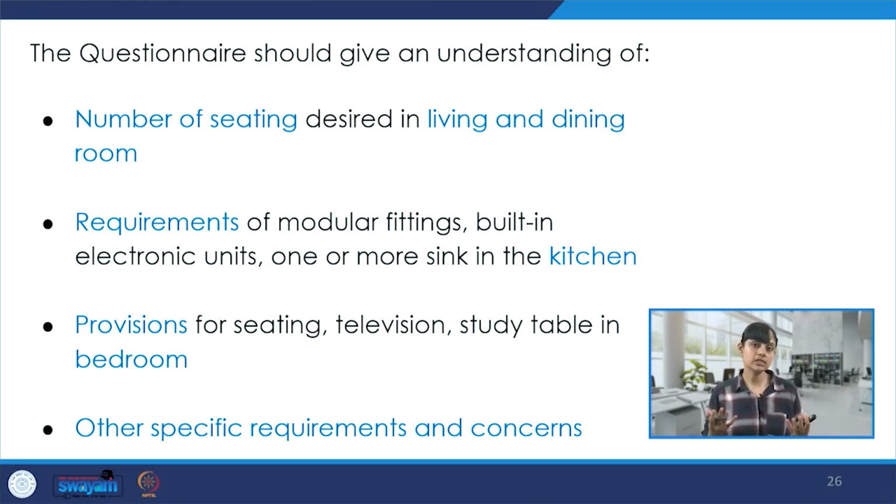So, the number of seats desired in living and dining rooms, what the different provisions required for the bedroom are, different requirements related to kitchen and bathroom areas, etc.